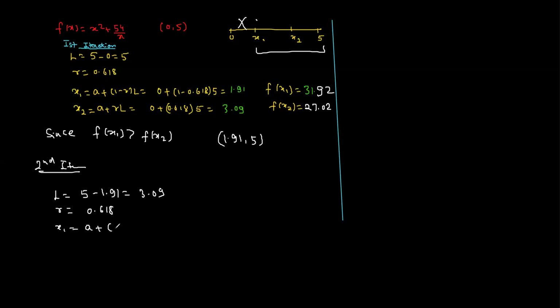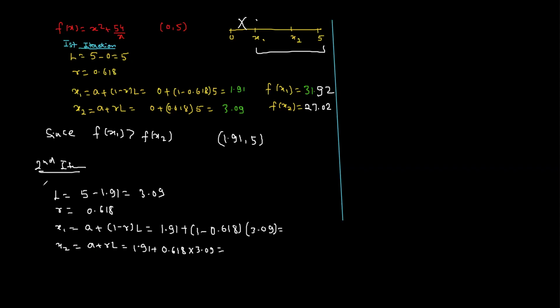A plus (1 minus R) into L, where A is 1.91. 1 minus 0.618 into L is, which is equal to, and this is RL. Tell me the value of this and also its corresponding value at x1.